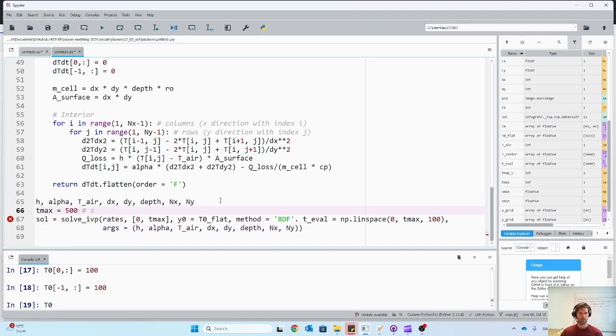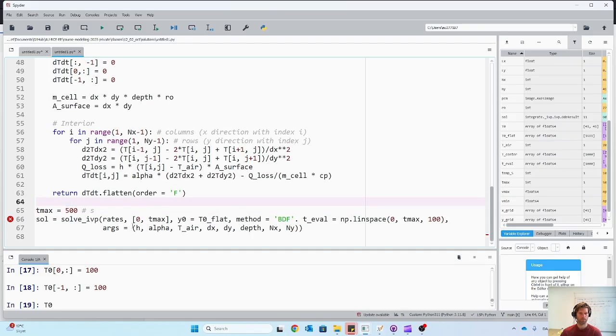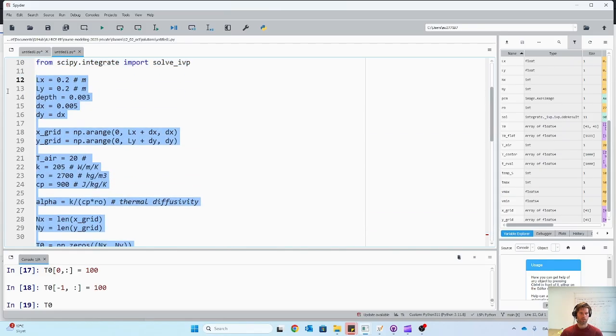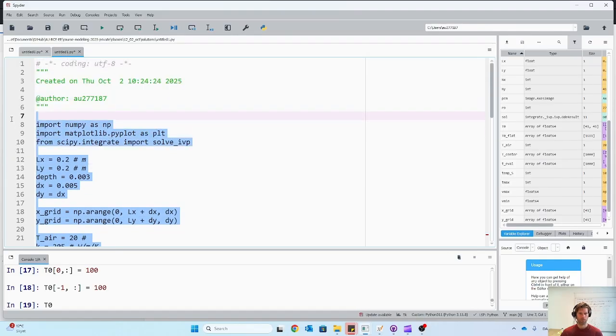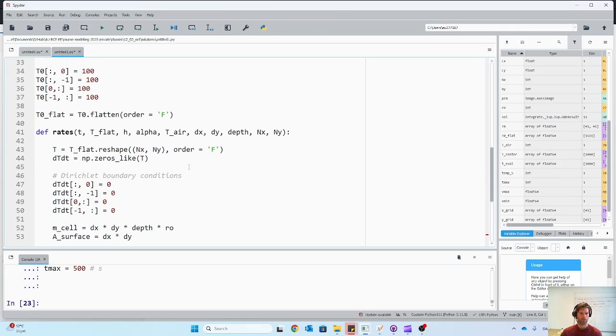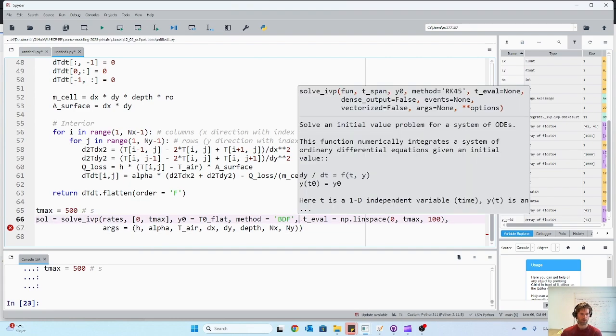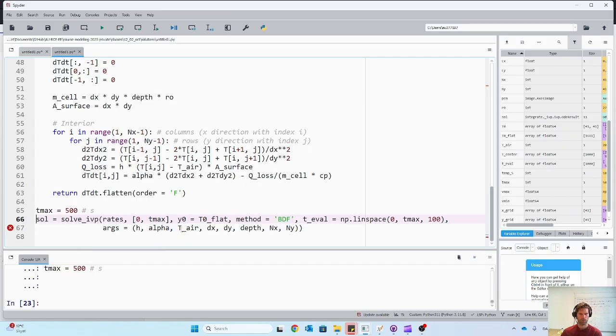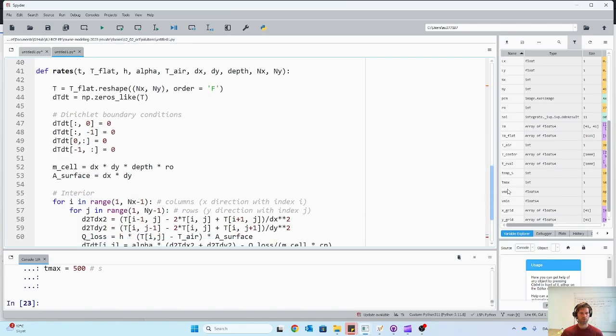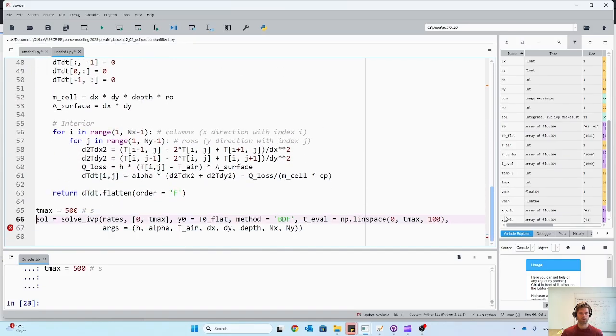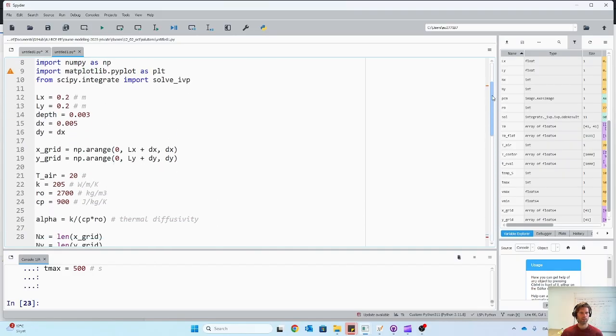Okay, let's just try to run this and see if that works. Oh, we have to define h.